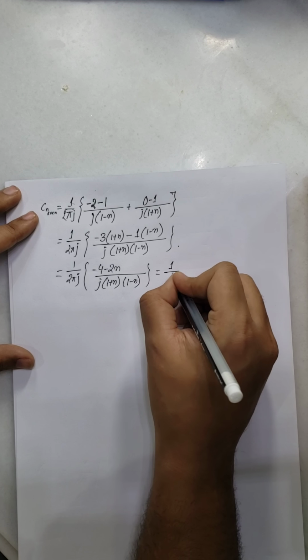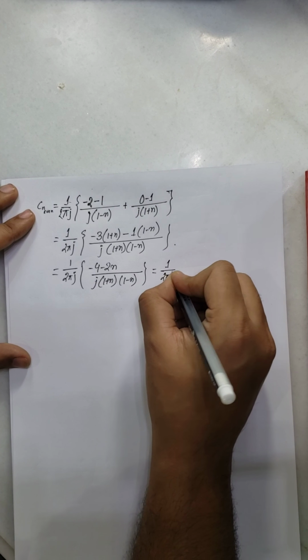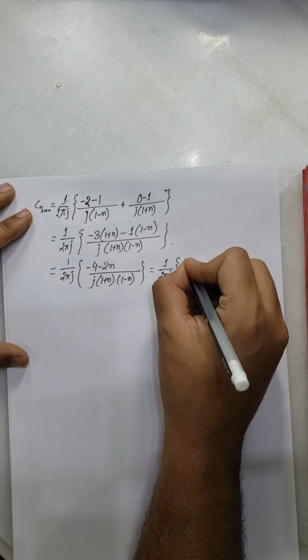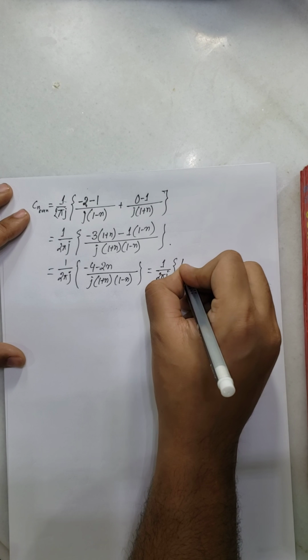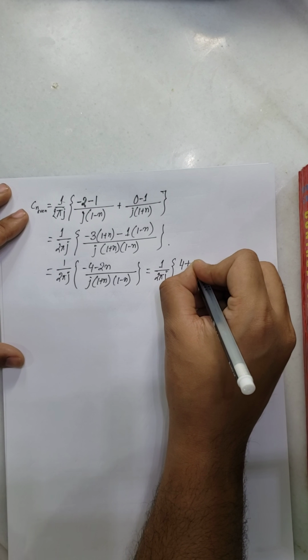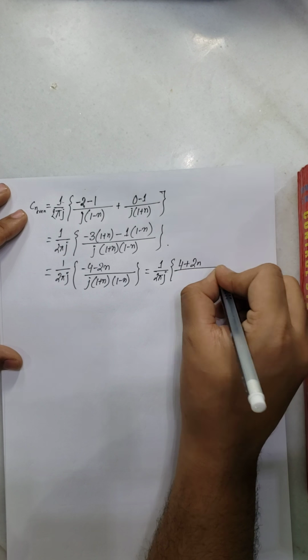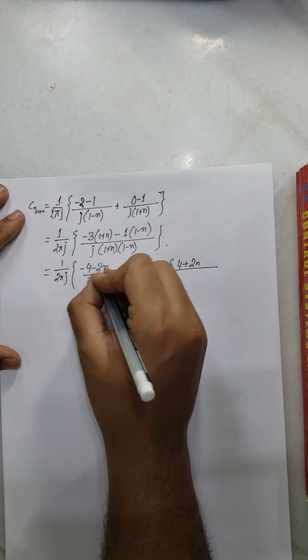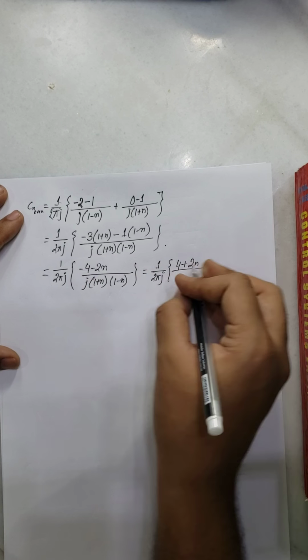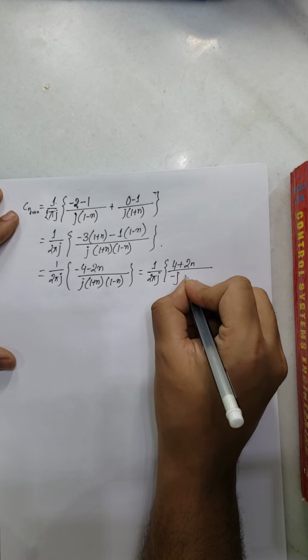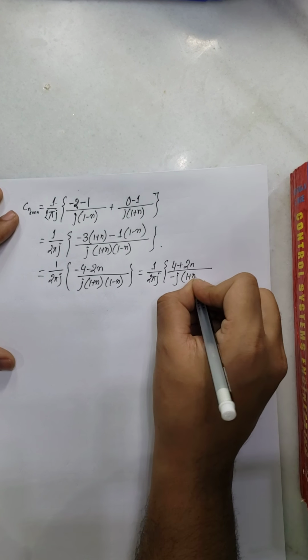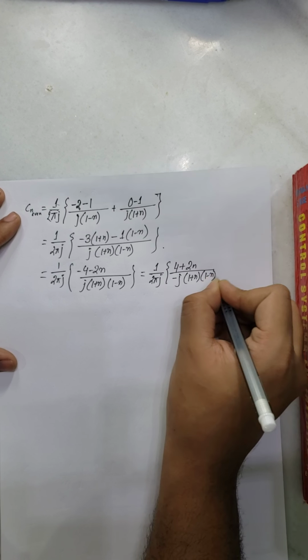which equals twice pi j and 4 plus twice n, and multiplying this minus, which is taken as common, to this j, minus j 1 plus n 1 minus n.